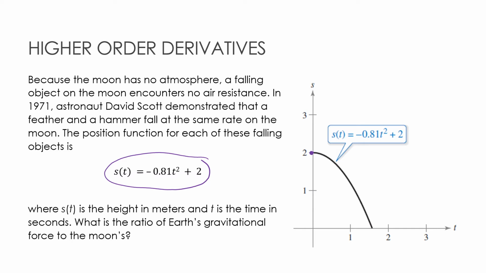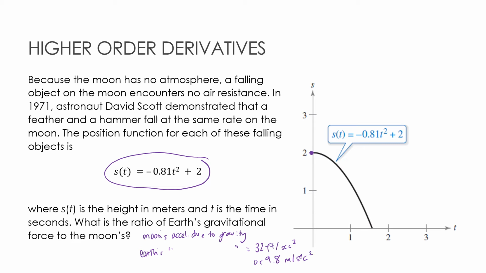What we're trying to solve here is, what is the ratio of the Earth's gravitational force to the moon's? So what we don't know is the moon's acceleration due to gravity, because we know the Earth's acceleration due to gravity is 32 feet per second squared, or 9.8 meters per second squared.